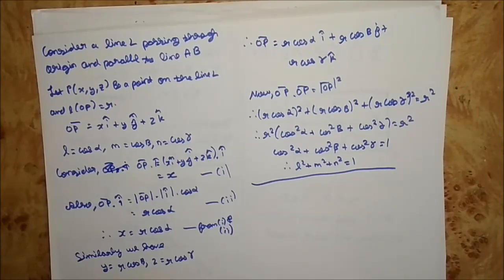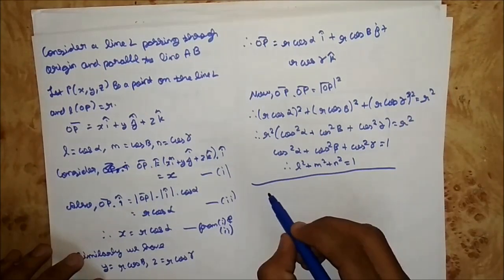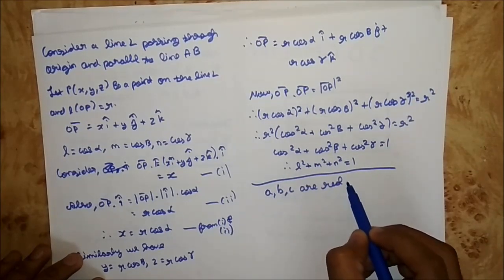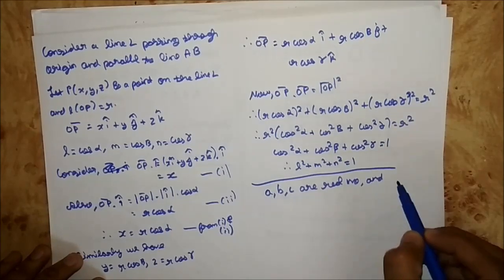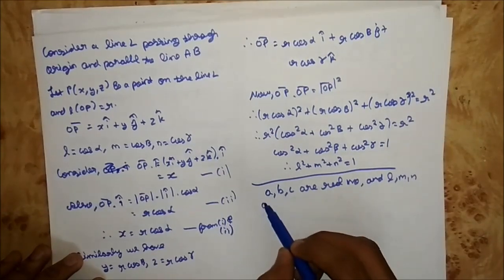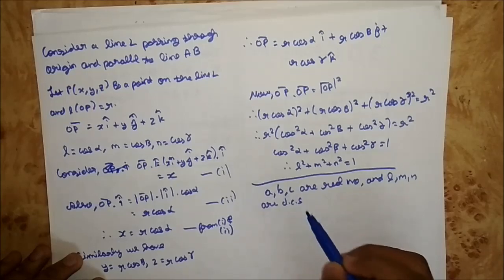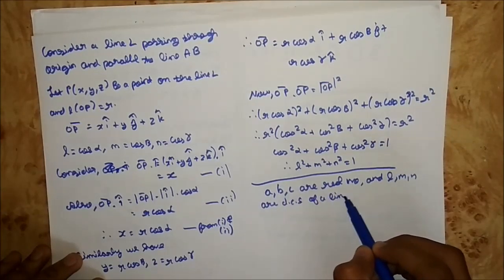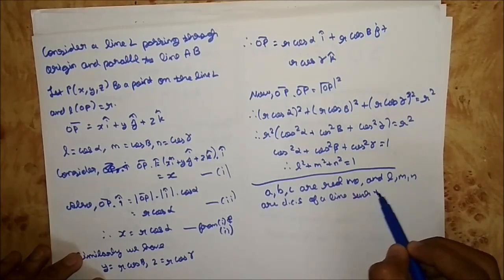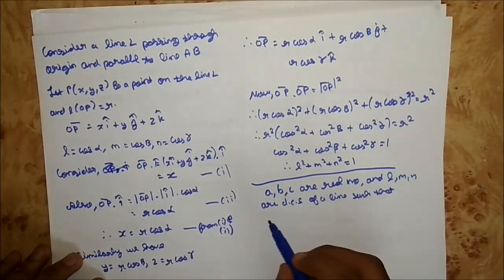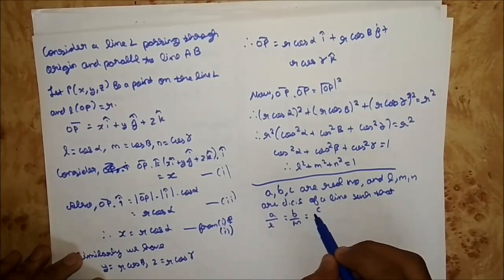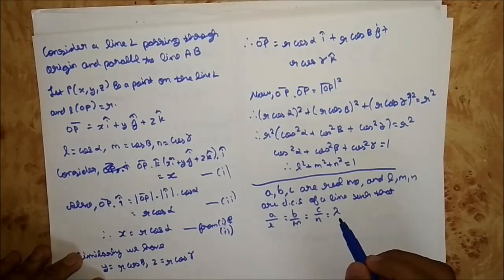Say a, b, c are real numbers and l, m and n are direction cosines of a line, such that a upon l is equal to b upon m is equal to c upon n is equal to lambda, a constant.